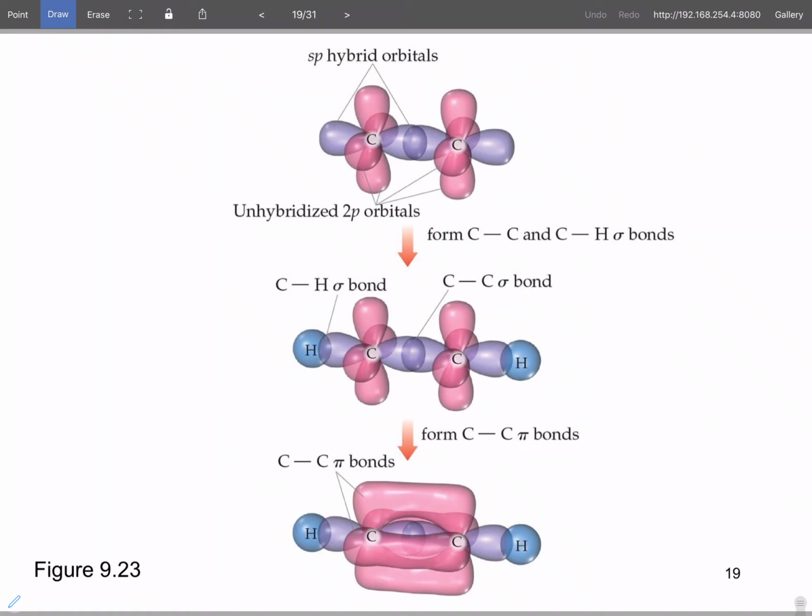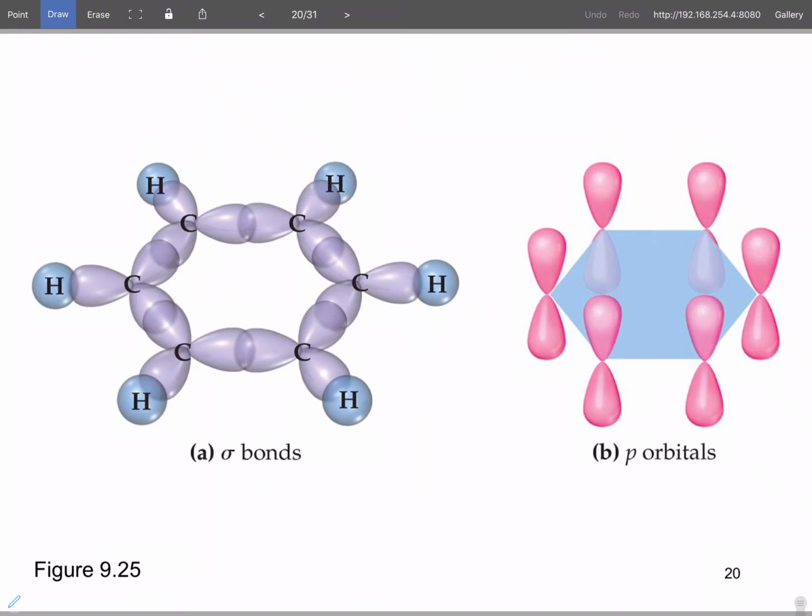Okay, here's a different variation of this. This kind of takes it apart so you can see it a little bit better, but you still see all of the pi bonds. Now, what's this little structure here? Well, this is what we call a benzene ring. It looks like this. And what it consists of is a series of 3 double bonds in a flat ring.